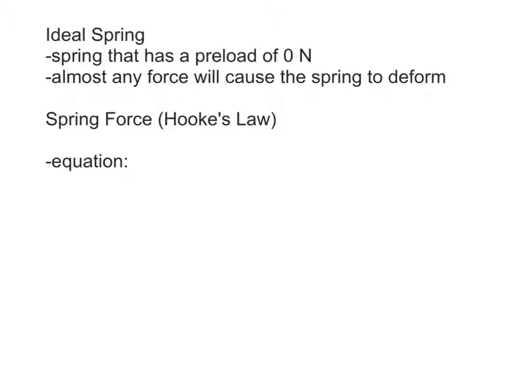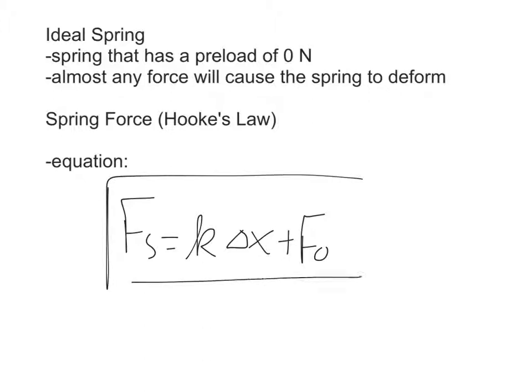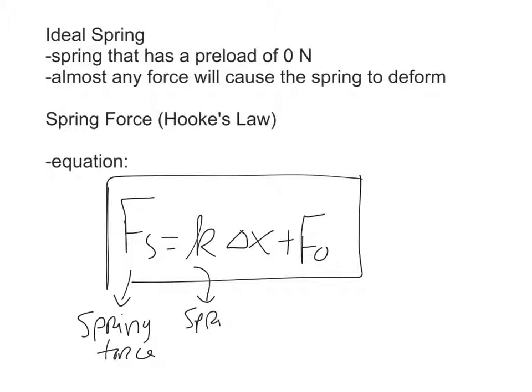So this brings us to spring force, which is Hooke's law. And the equation for Hooke's law: spring force equals k delta x plus F0. And we saw that in the lab. This should have been from the 3-step math model. So Fs is the spring force. k is the spring constant.